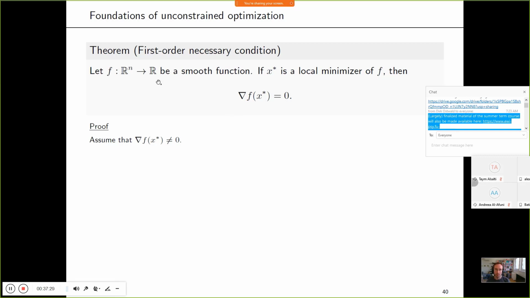So in terms of the first order necessary condition, if x star is a local minimizer of f, so if we are at the location of a minimum, then the gradient of f is 0. So instead of talking about the first derivative, we talk about the gradient. That's of course a difference compared to what you might have been used to from school.